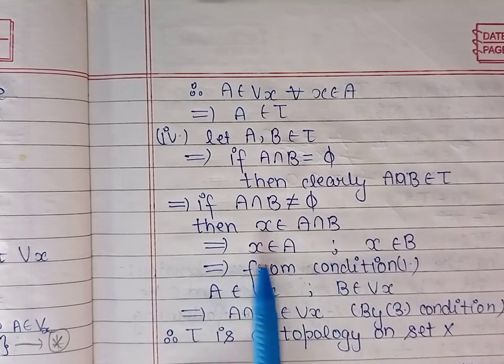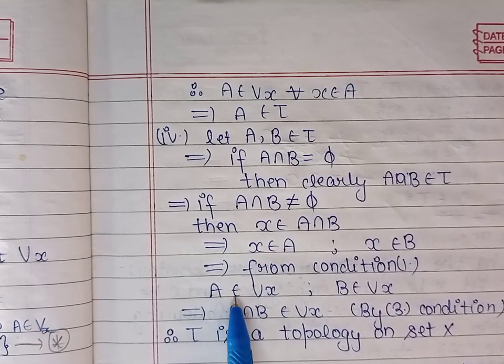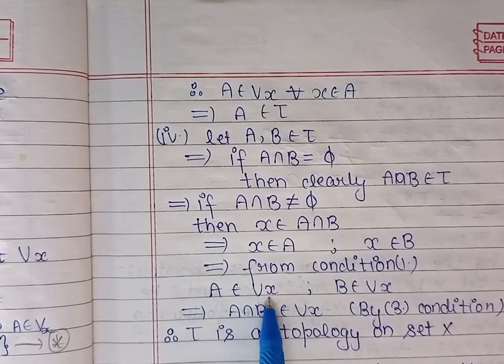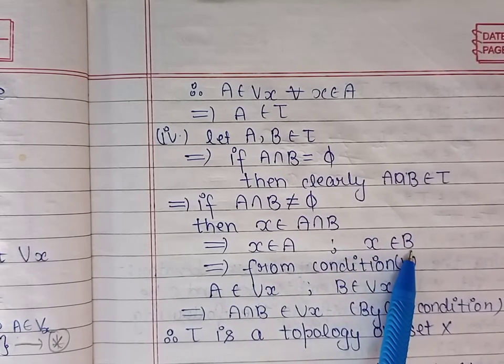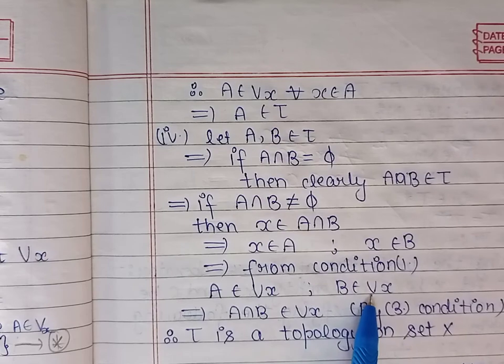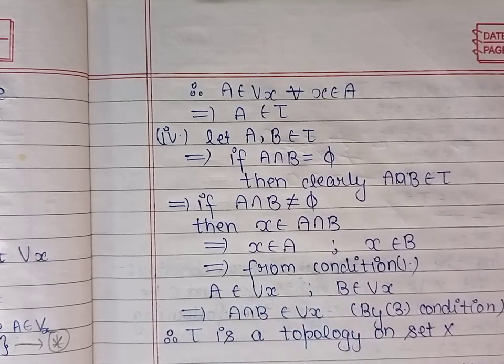Now because x belongs to A and A belongs to tau, by definition of tau, A belongs to the collection Vx. Again, x belongs to B and B belongs to the collection tau, so by definition of collection tau, B belongs to Vx. Now A belongs to Vx, B belongs to Vx.